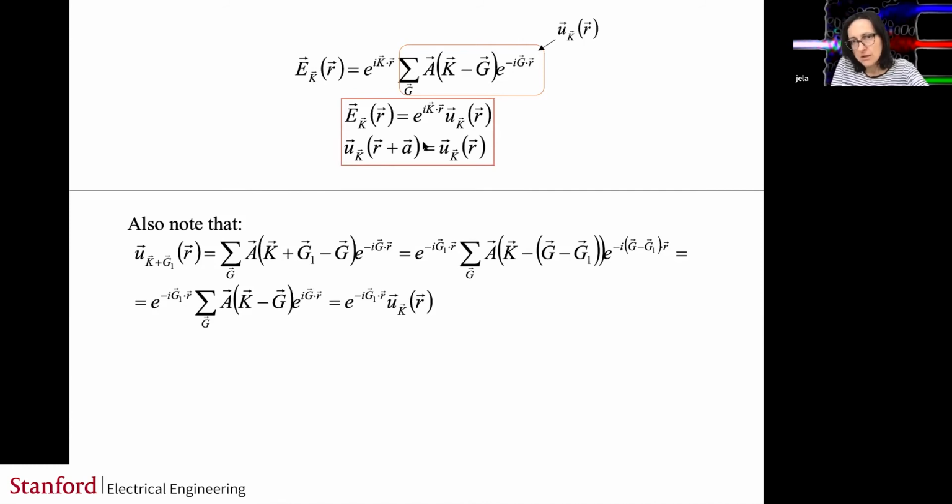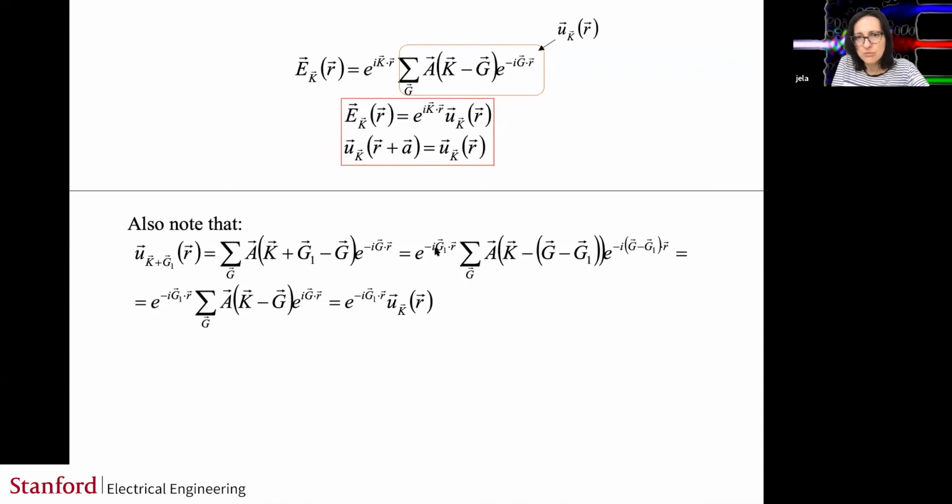Let's say you have a Bloch mode at some value of capital K, and you're interested in seeing what the Bloch mode would be at k plus g1. I can just write the whole thing directly, but instead I'll just write this periodic part, in the red rectangle, at k plus g1, and you just substitute k plus g1 instead of capital K.